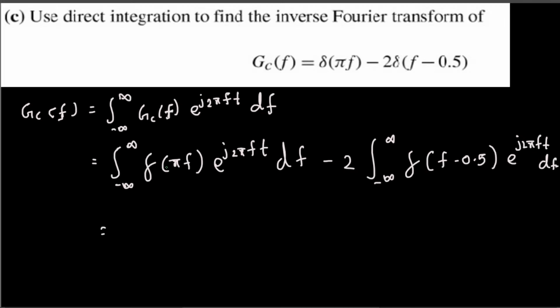And here we have to know one property. One of the properties says that delta(at) is equal to 1 over the absolute value of a, times delta(t).